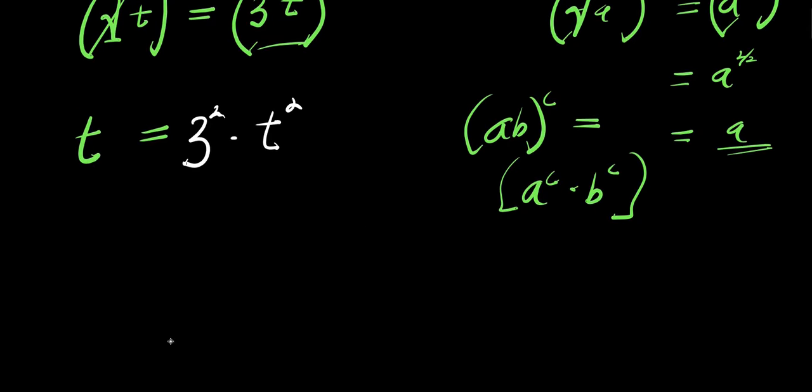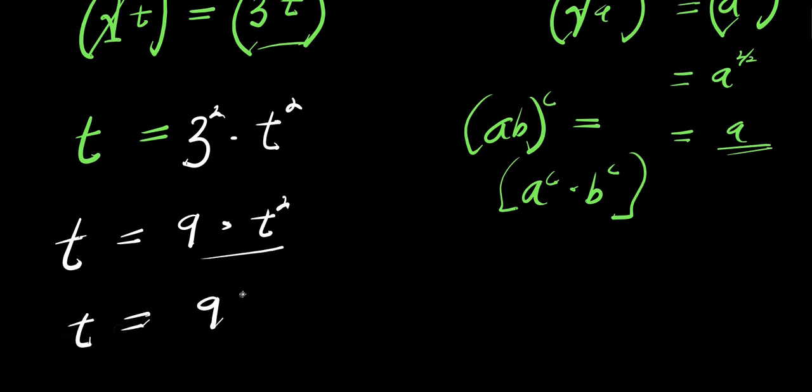So from here, we'll have t equals 3 to the power of 2 is 9 times t power 2. And from here, I have t equals 9 times t squared. This is 9t squared.